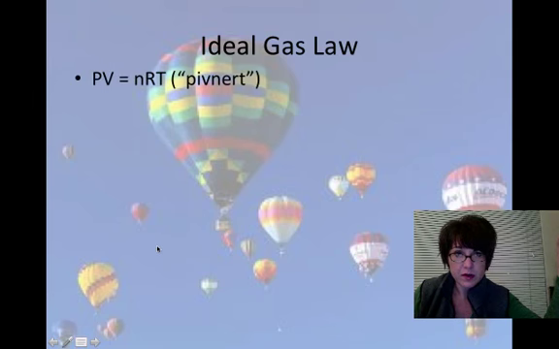The ideal gas law, you already know, we call PIVNERT, but let me show you basically where it comes from.